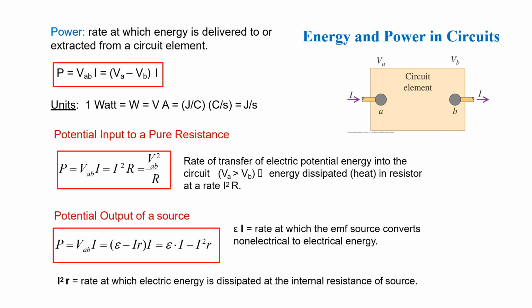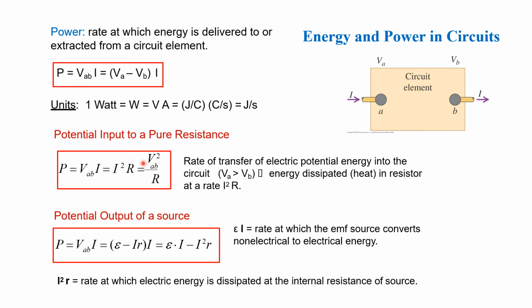So you have here again your power, which is your terminal voltage VAB times I, and that means that you have your voltage A minus your voltage B times I. It has unit in watts. 1 watt is equal to 1 joule per second.